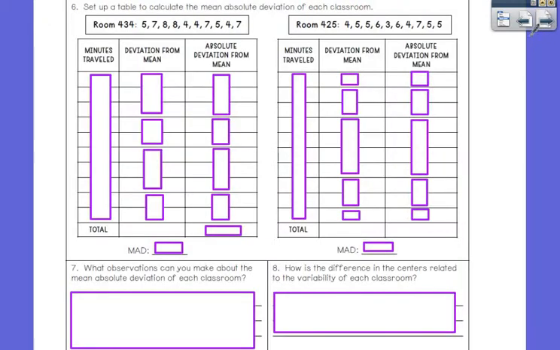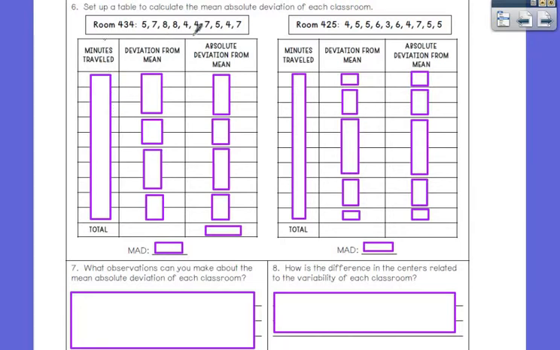Alright, moving on. Okay, we're going to work with our MAD deviations again, our mean absolute deviation. Here I have room 434 and its data again, and room 425 and its data. We're going to look at its mean absolute deviation, like we did Friday.